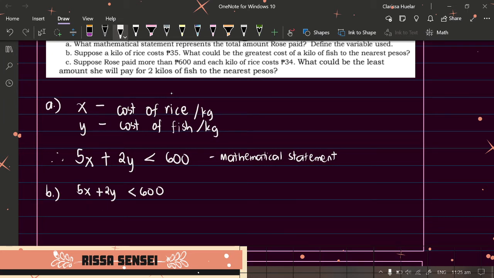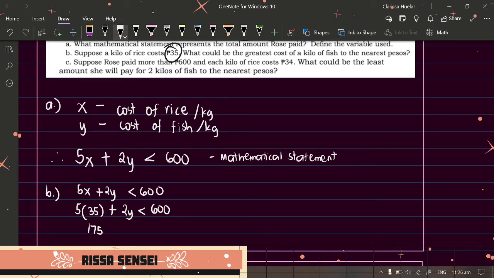Since x is the cost of rice, we will be replacing x with 35 here. Okay? Papalitan natin. So, this is 5 times 35 plus 2y less than 600. Huwag kayong matatakot din sa less than kasi parang nagsasolve lang tayo ng equation. 5 times 35 is, 5 times 5 is 25, carry 2. 5 times 3 is 15, plus 2, that's 17.